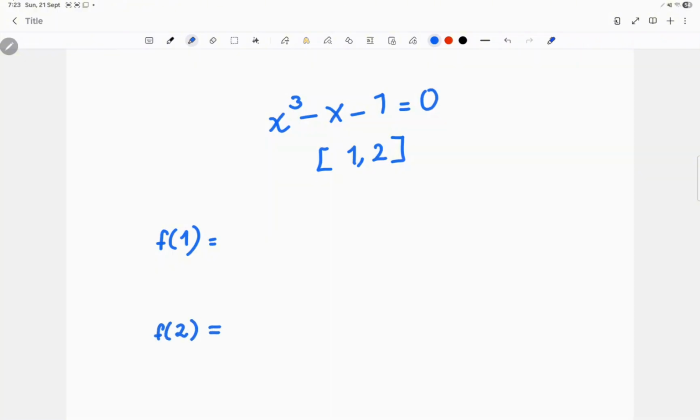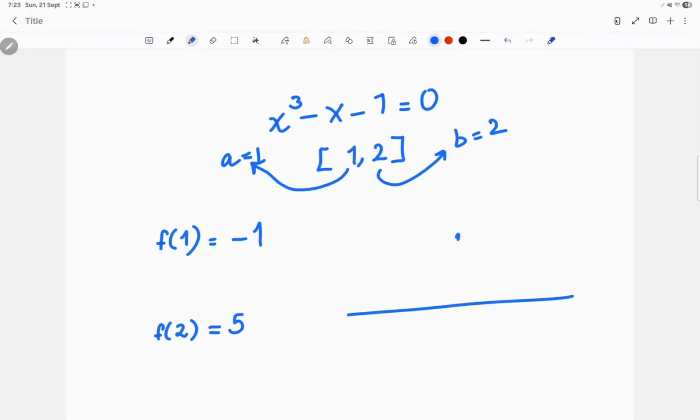Negative 1 and 5. So basically the a is the 1, the b is the 2. Okay. F of 1 is negative 1. Okay. And f of 2 is 5.